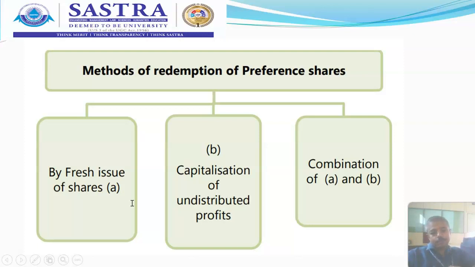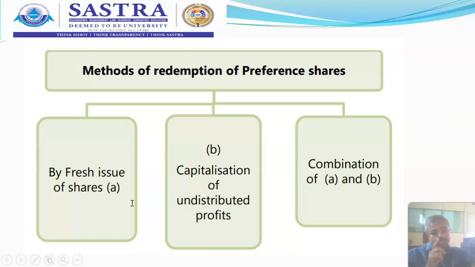The interest of outsiders is protected if the nominal value of capital redeemed is substituted, thus ensuring the same amount of shareholders' funds. In case of redemption of preference shares out of proceeds of a fresh issue of shares, the replacement of capital and the corresponding tangible assets is obvious.